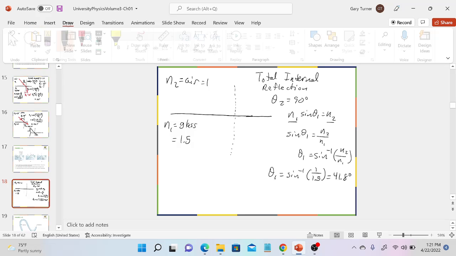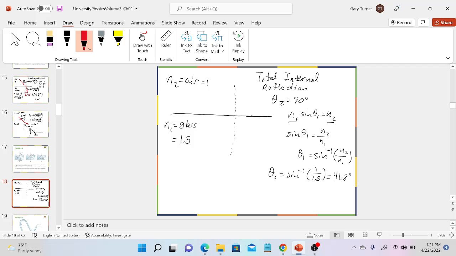So what that means is, if I have an angle of 41.8 degrees, that means that the refracted light beam will simply move across.